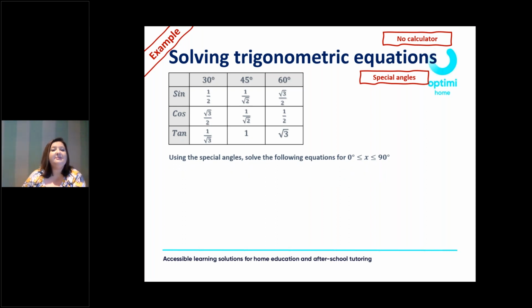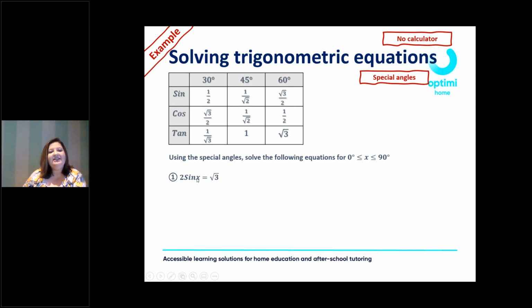Okay, so how can they ask me these questions using the special angle? Sometimes they don't say that. You need to actually see and recognize values. Solve the following equations for x between 0 and 90 degrees. Now we said that that is an acute angle over there. So the first one is 2 sin x is equal to the square root of 3.